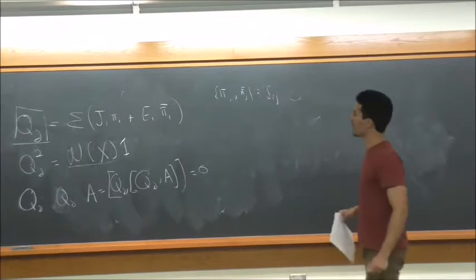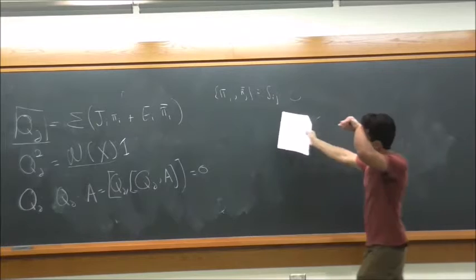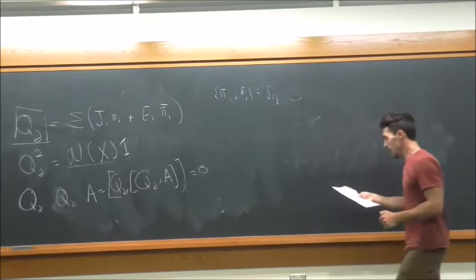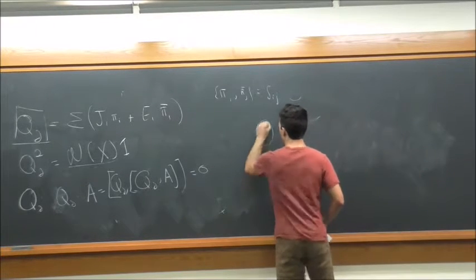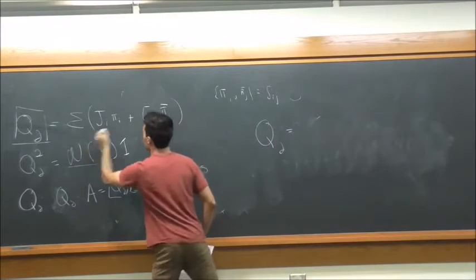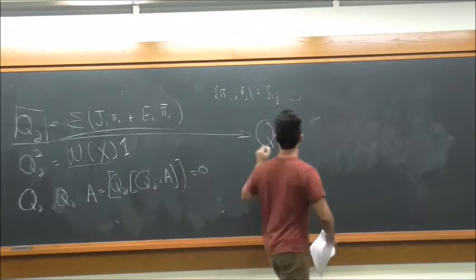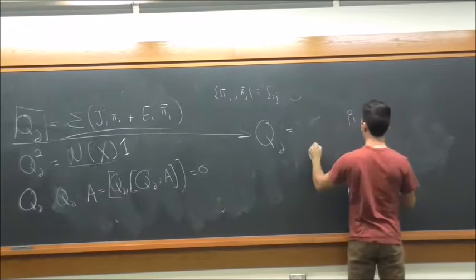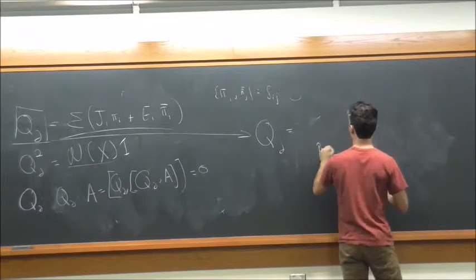Okay, so we can choose a representation for this algebra here. In that case, one can see that we can write this Q in this way: some P1, some P0.